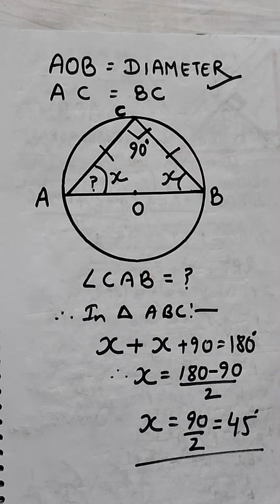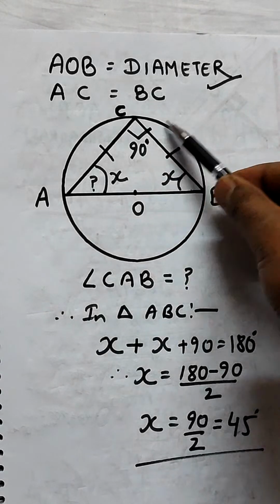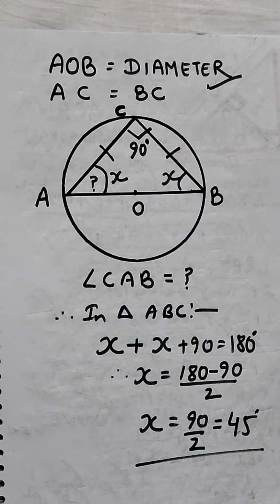The main thing is this: in any circle where a diameter is given, you just need to remember that the angle in a semicircle is a right angle, right? So if the angle in the semicircle is a right angle, then we can say this angle is 90, isn't it?